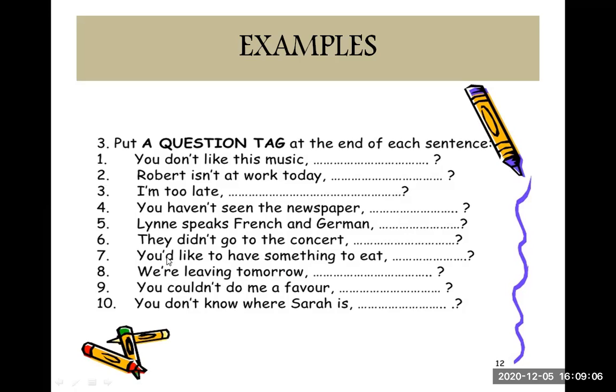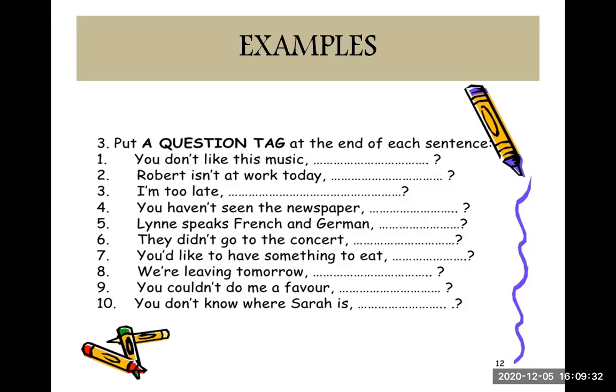Here we have a positive statement. So what will be the question tag? Aren't we? You couldn't do me a favor, could you? You don't know where Sarah is, do you?